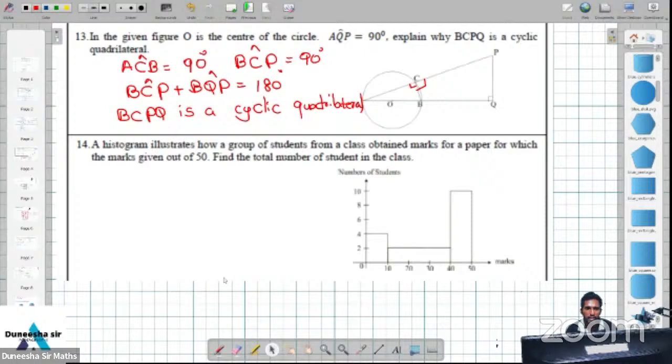A histogram illustrates how a group of students from a class obtain mark from a paper for which mark given out of 50. Find the total number of students in the class. Can you calculate? ඕකනම් මට ආන්සර් එක ඕනේ. chat box එකට දාන්න.